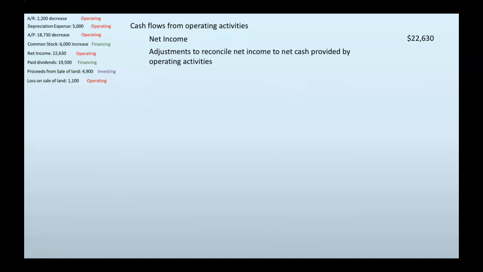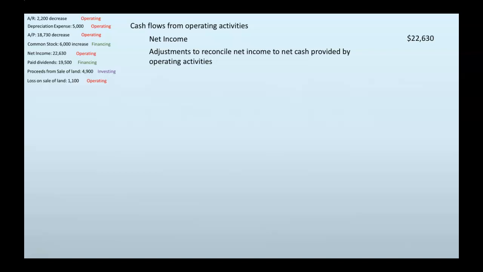So now we can start with our statement of cash flows. We start with the cash flows from operating activities. And the very first thing we want to put in our statement is our net income. So our net income in this problem was $22,630. And then we will have adjustments to reconcile our net income to net cash provided by operating activities.